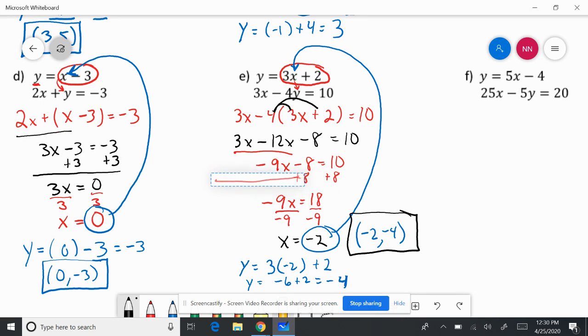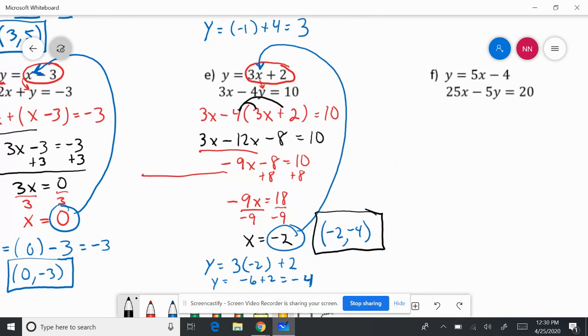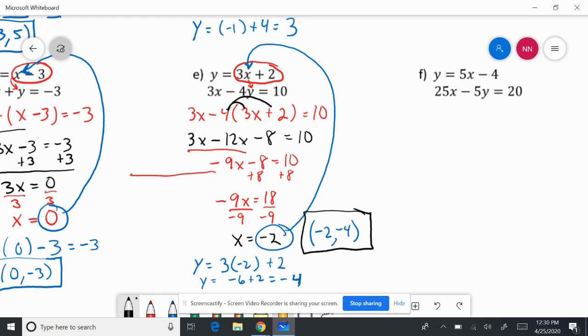Now looking at our last example, we're going to use the same process. We're going to take the 5x minus 4 and we're going to substitute it in for the y. So when we rewrite it, we have 25x minus 5.